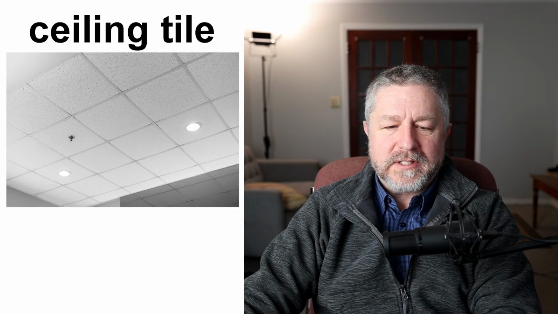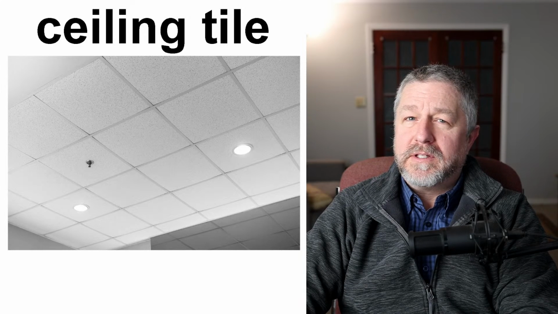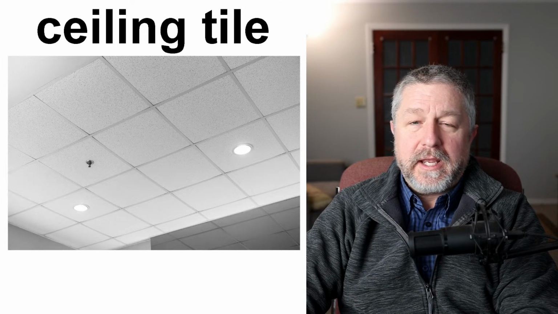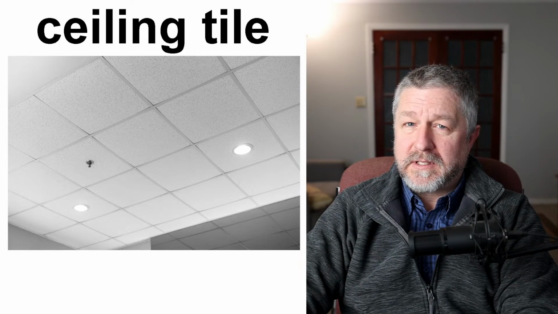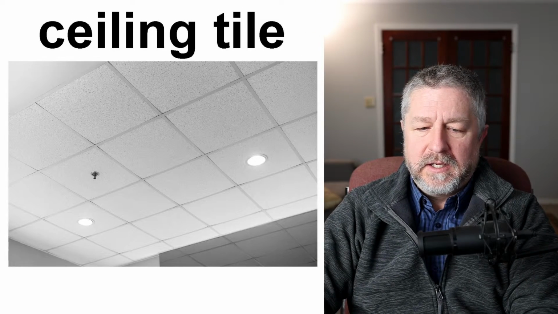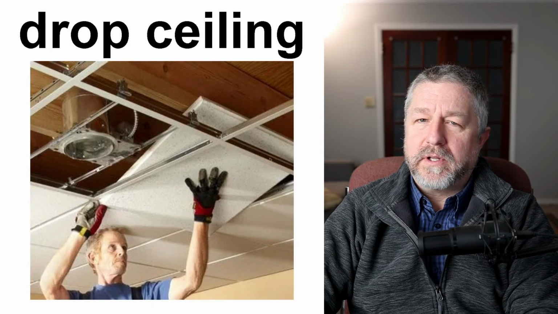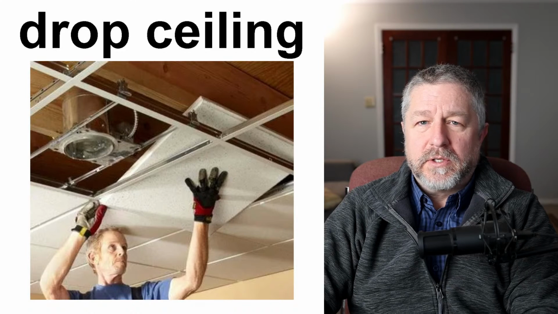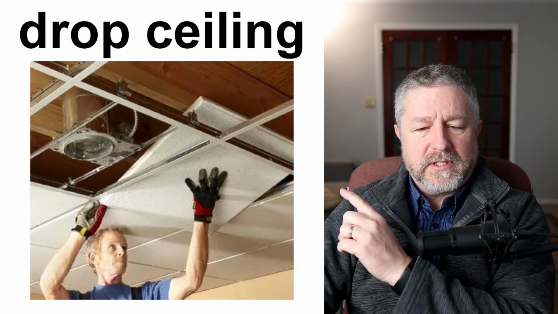So there's an interesting type of ceiling, and I'm wondering how common these are around the world. In large buildings, and sometimes in the basements of houses in Canada, we will use ceiling tiles, and we will install what's called a drop ceiling. So most of the hallways at my school have a drop ceiling in it.